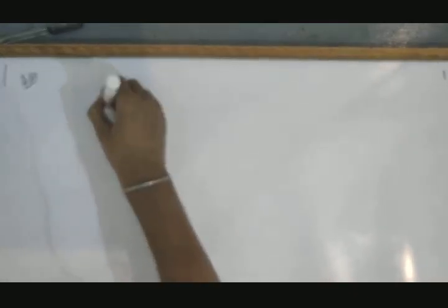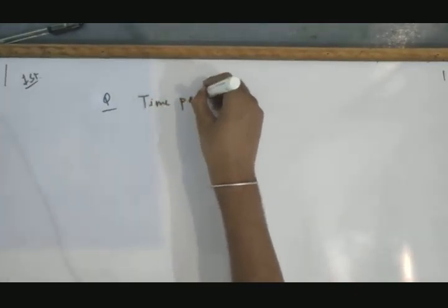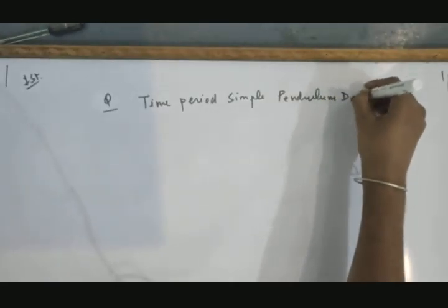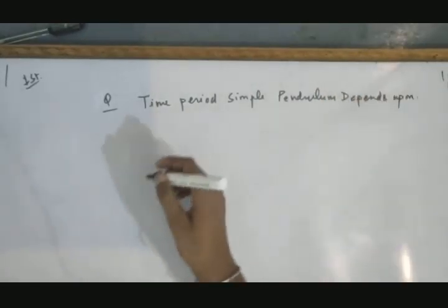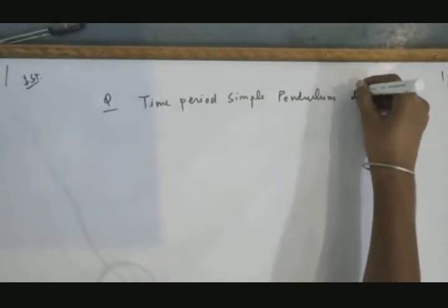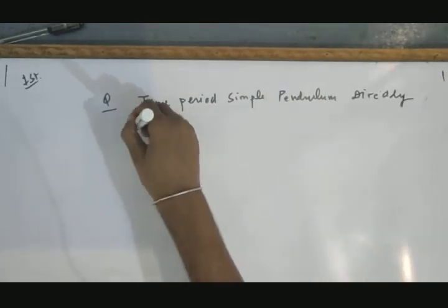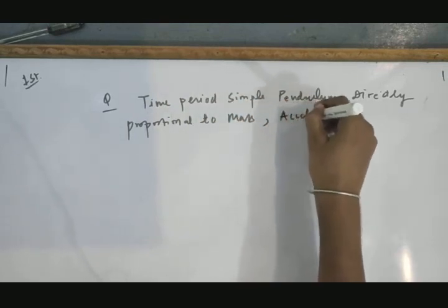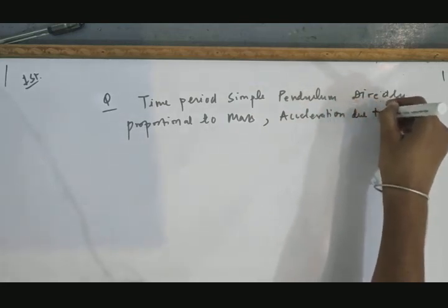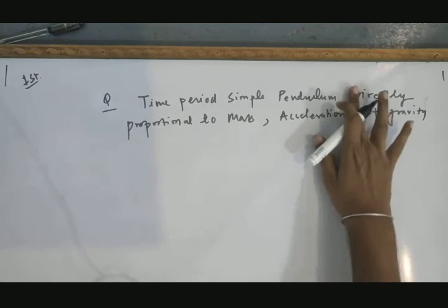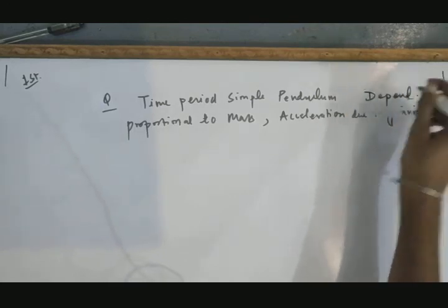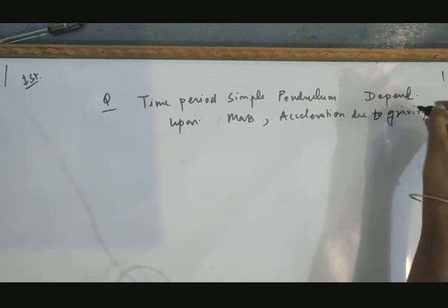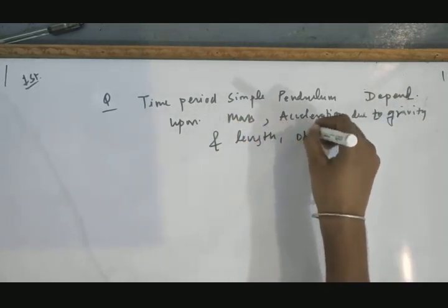The question is: the time period of a simple pendulum depends upon mass, acceleration due to gravity and length. Obtain the relation.